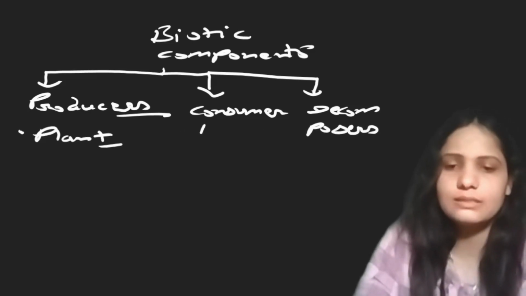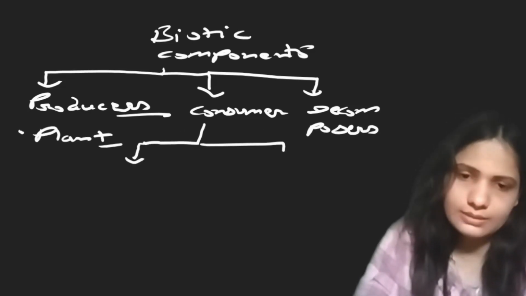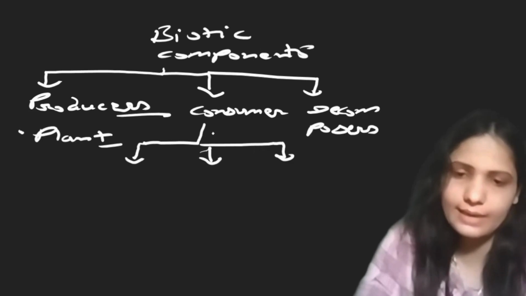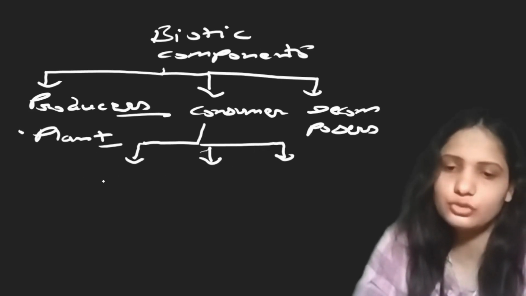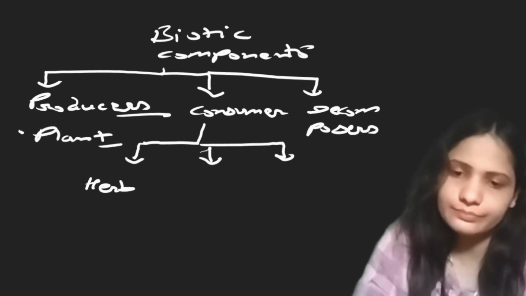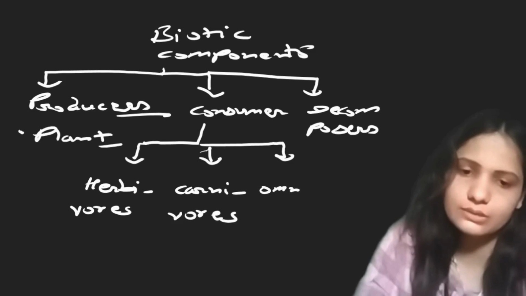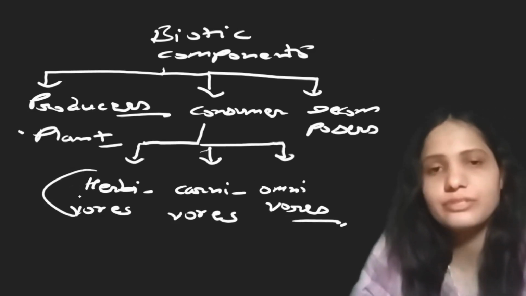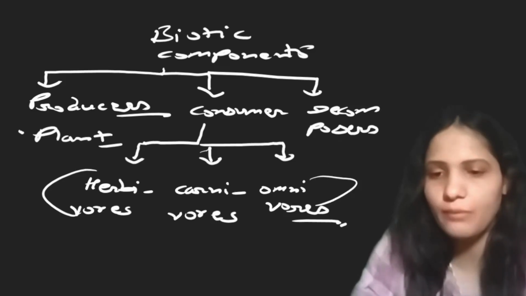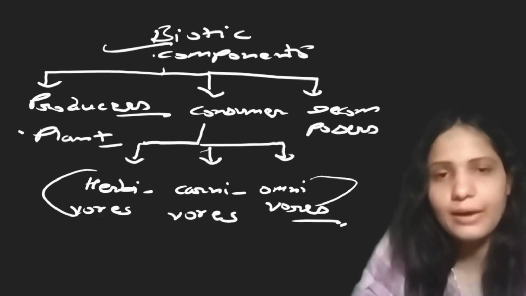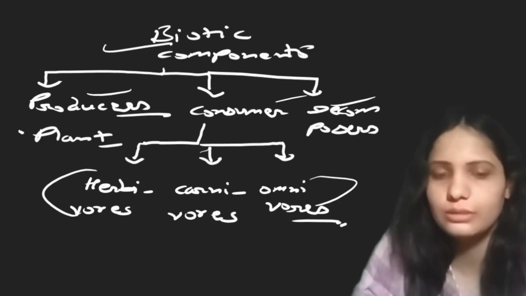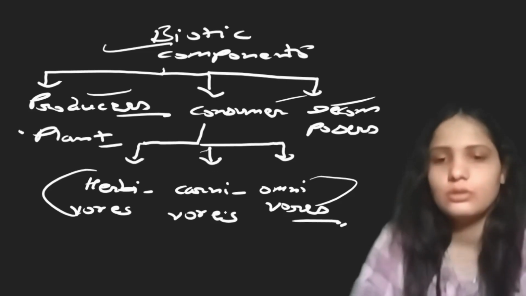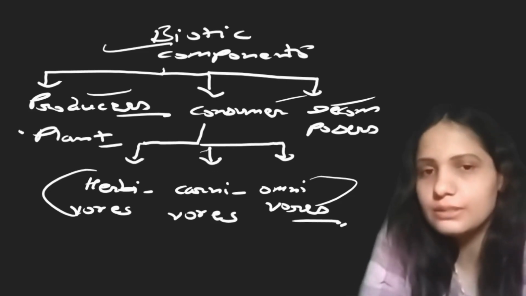In consumers we have discussed three types: herbivores, carnivores, omnivores. You have to remember the definition and example of each type of consumer as well as the biotic components, producers and decomposers. So this is what we have covered in this video.